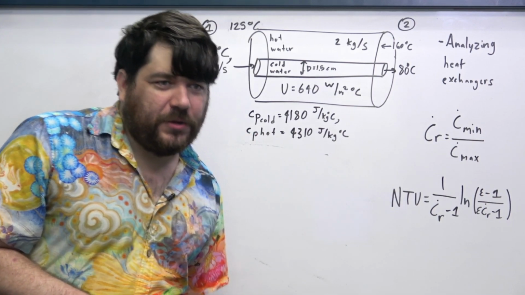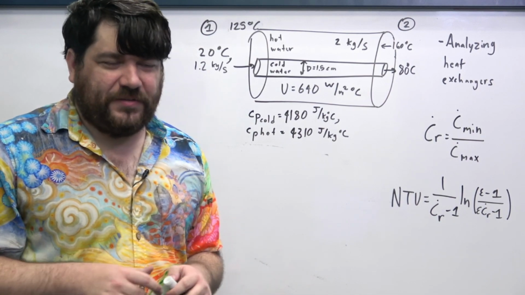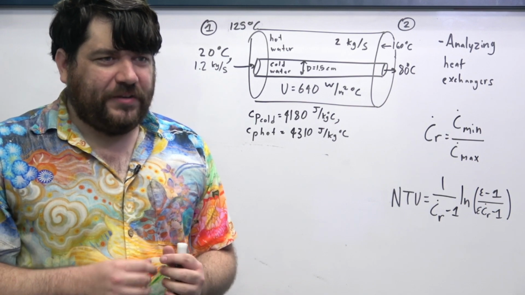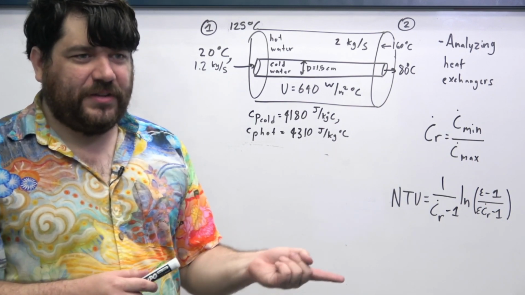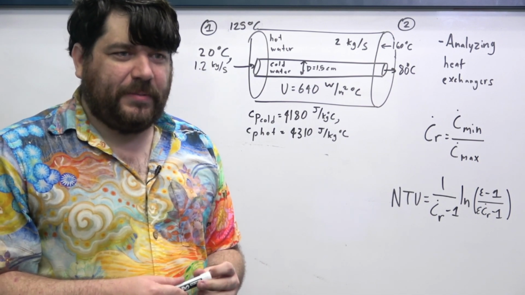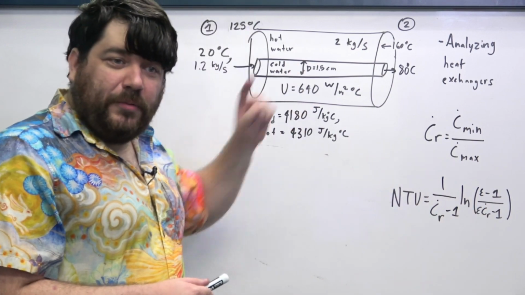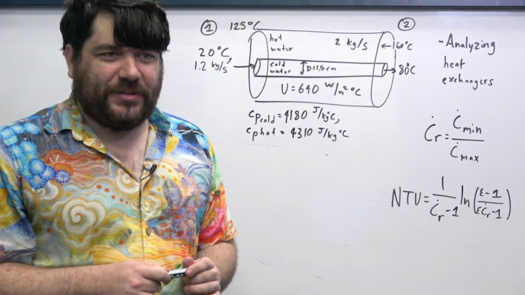Now, one thing that you should know is that whenever you're trying to work with an NTU effectiveness approach, you always have to make sure that you have some sort of correlation or equation that tells you what the NTUs are as a function of the effectiveness and the heat capacity rate ratios. This is the equation that you would find for a double pipe counterflow heat exchanger in most standard heat transfer textbooks.